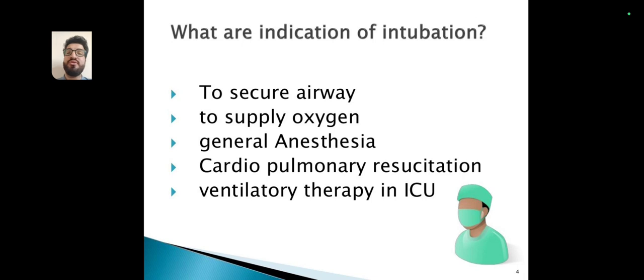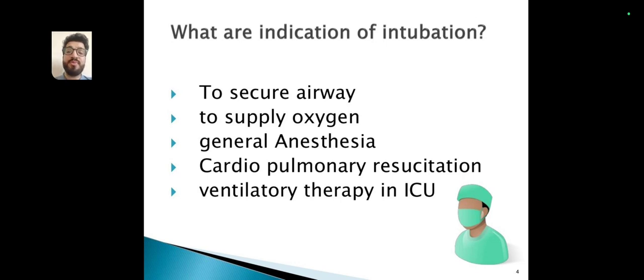Whenever we need to supply oxygen to the patient and the patient is not able to maintain the oxygen saturation on the mask, at that point we intubate the patient and give oxygen supply by this tube. And whenever we give general anesthesia to the patient, the patient is not able to inhale or exhale by himself or herself, and at that point of time we also need to intubate the patient and give artificial ventilation.